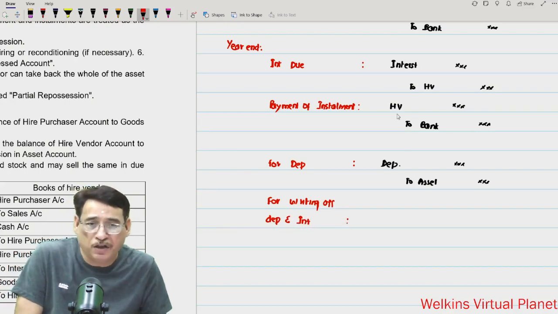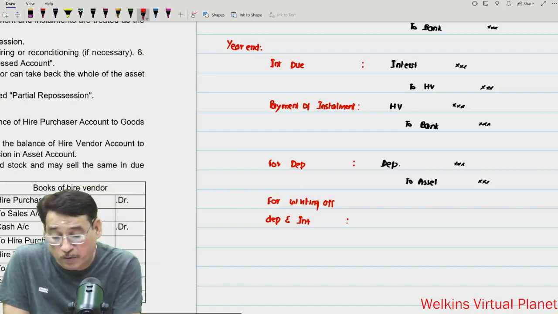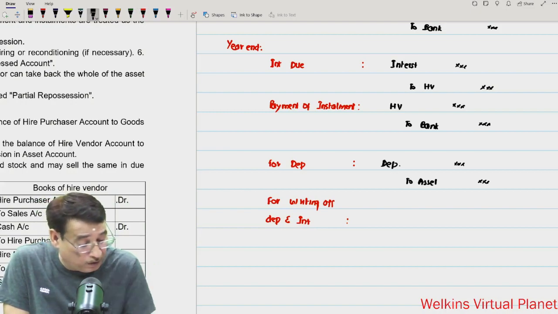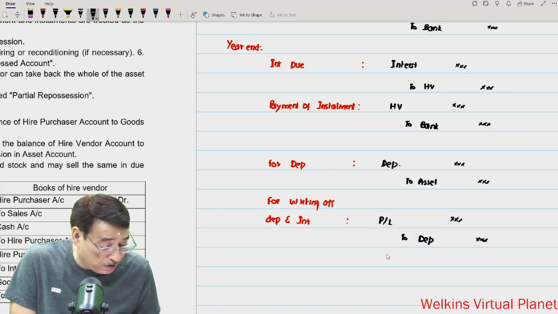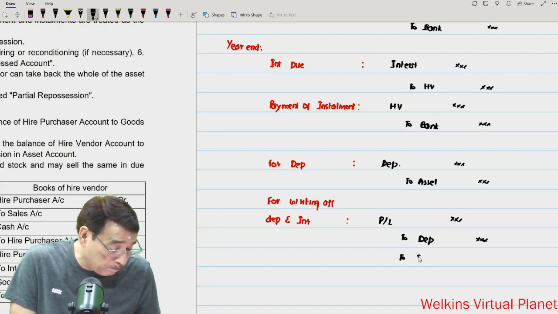Because depreciation and interest are losses and expenses for us, we are going to debit them to profit and loss account. Our entry will be profit and loss account debit to depreciation and to interest account. So at each year end, generally the purchaser would pass these entries. Not a very tough task.